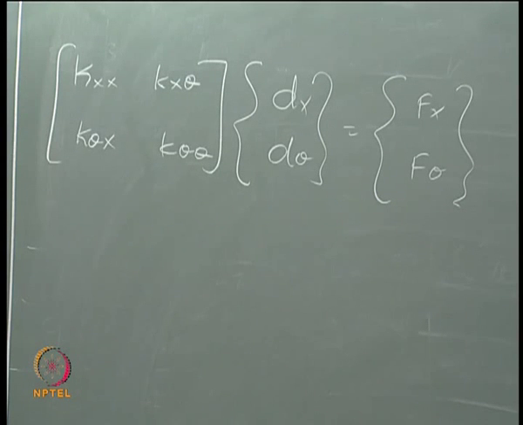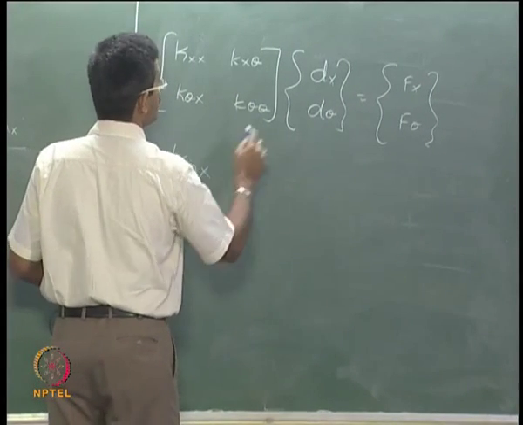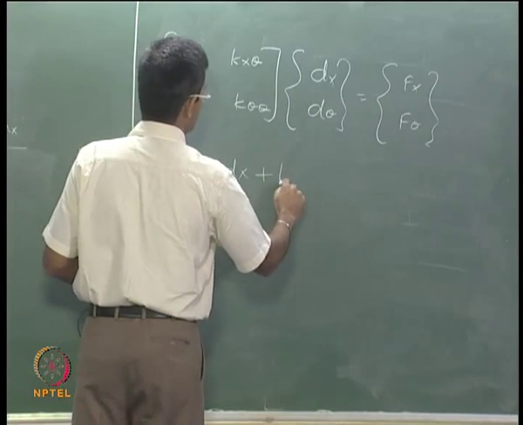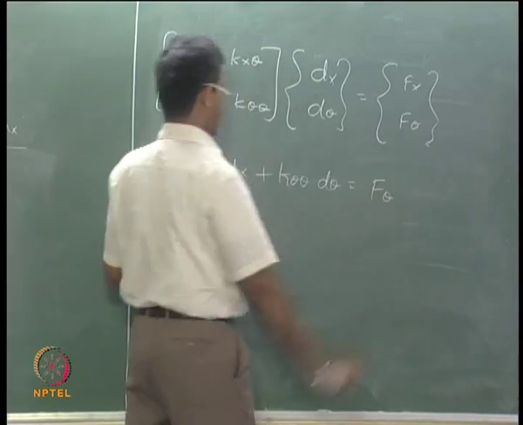So let us multiply the second row. So k theta x of dx plus k theta theta of d theta is f theta.